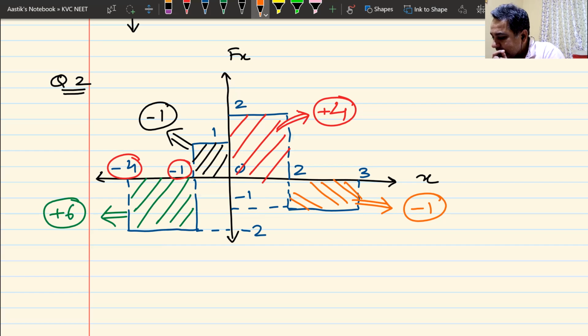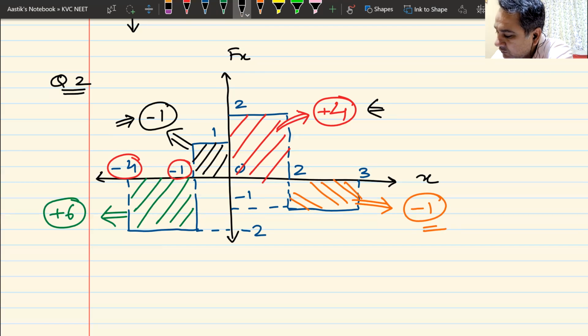The answer is 8, right? Plus 8, isn't it? Plus 6 plus 4 -2. So it is plus 8. Am I correct? This is -1. This is +1. This is -1. So it's -2.